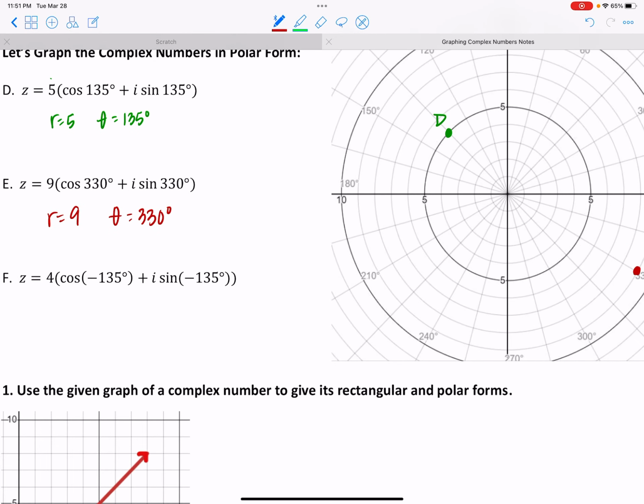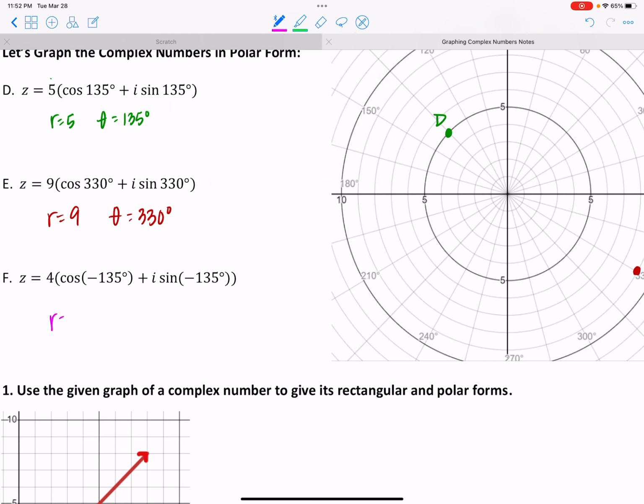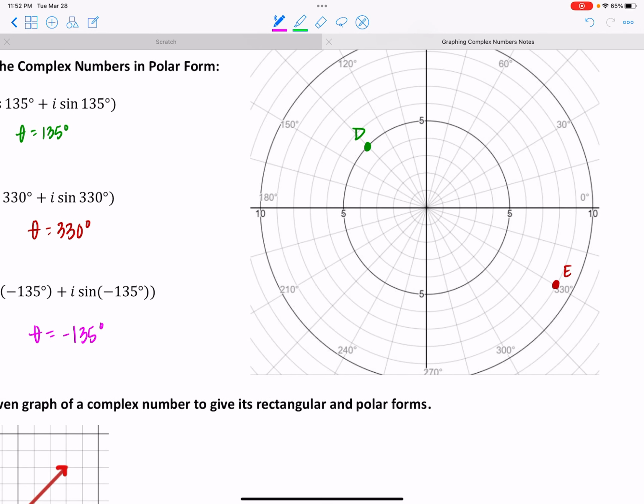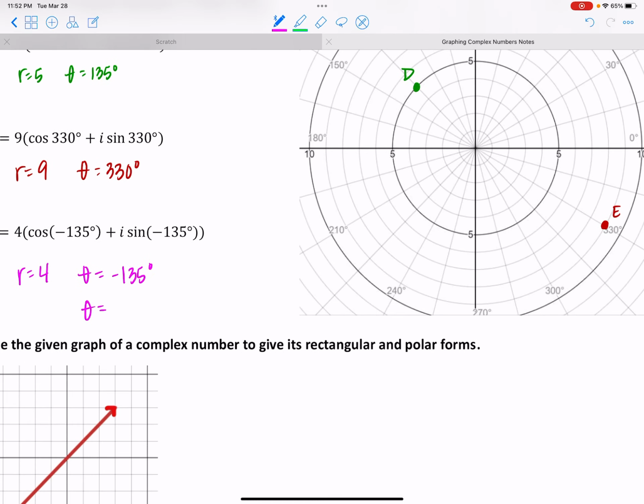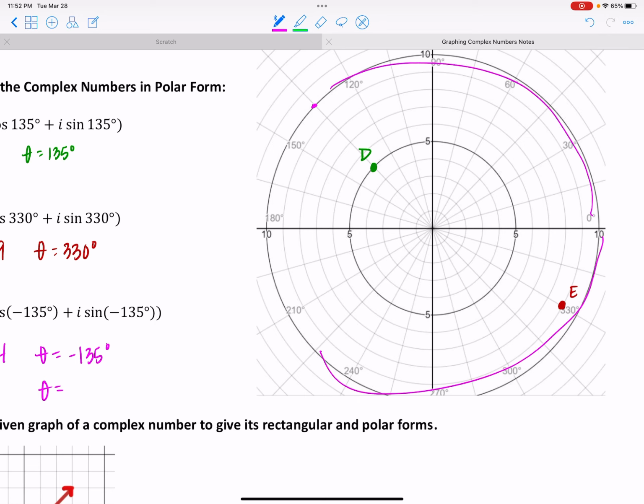And then the last one we see here, let's go pink. We have a radius of 4, and then we have an angle given to us as negative 135 degrees. Now we are explicitly dealing with positives in this picture, but we know the negative just means go the other direction. So this angle, negative 135, if I added 360 to that, so remember positive 135 is here, I want to go that same distance in the opposite direction, and that would take me to the coterminal angle, which would be 225 degrees.